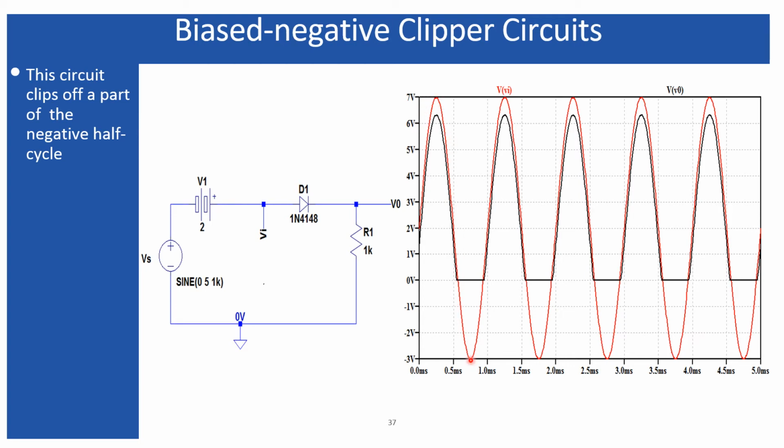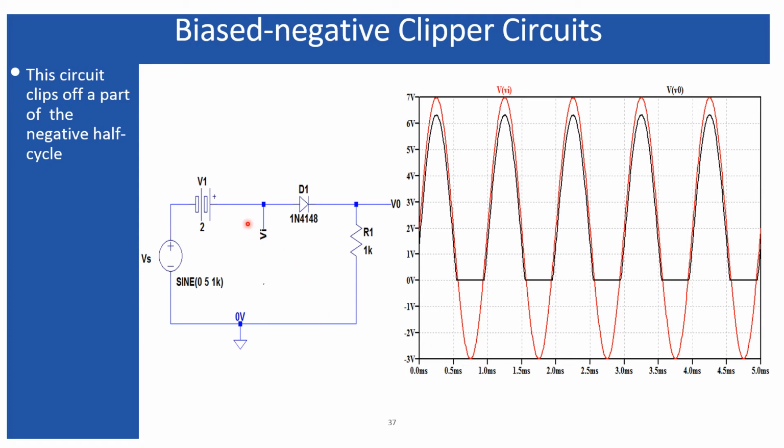The red one represents the input signal having the positive peak at plus 7 volt. But when it attains its negative peak, the 5 volt gets subtracted from the 2, so the negative peak will appear at minus 3 volt. So the positive peak of Vi, which is the summation of both of these voltages, is at 7 volt, and the negative peak is at minus 3 volt.